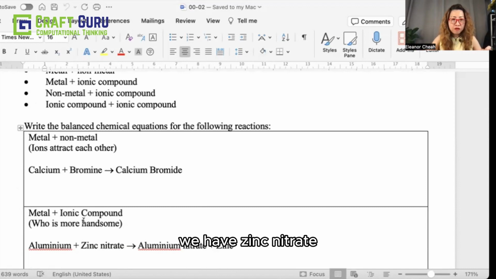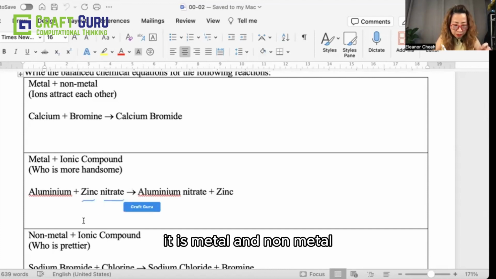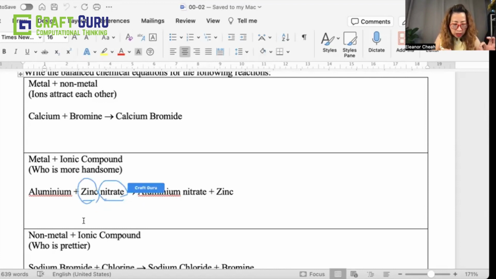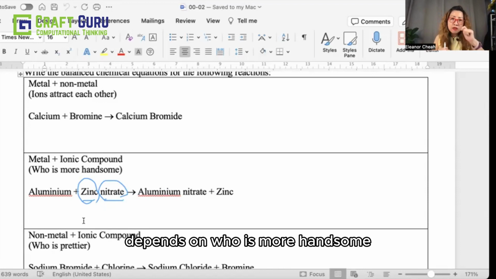So we have zinc nitrate. It is metal and non-metal. In this example, whether the chemical reaction will happen or not depends on who is more handsome.